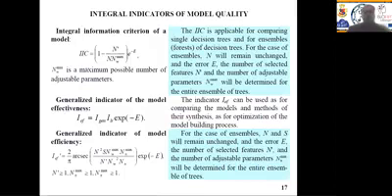And such indicators can show us a numerical evaluation of model quality, and also can be used to compare the models or to optimize the model, to identify or optimize model structure, model parameters, etc.